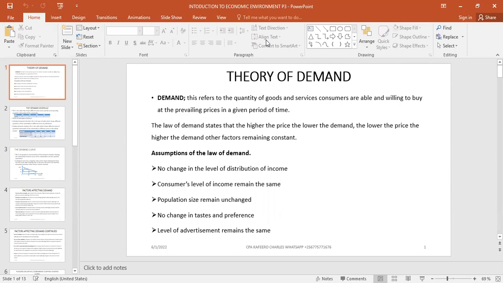That is one of the interesting topics in economic environment, and I wanted to start with it because I know when you get to grasp this one, the other one of supply will be very easy, because when you understand this, the other one you will just be doing a vice versa of what you've got from here.